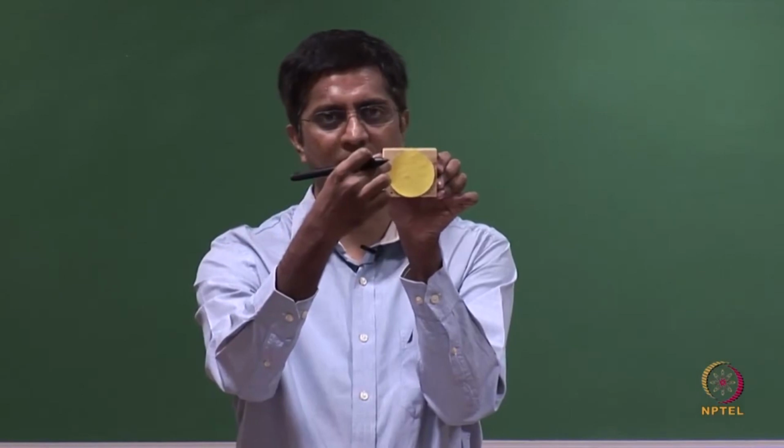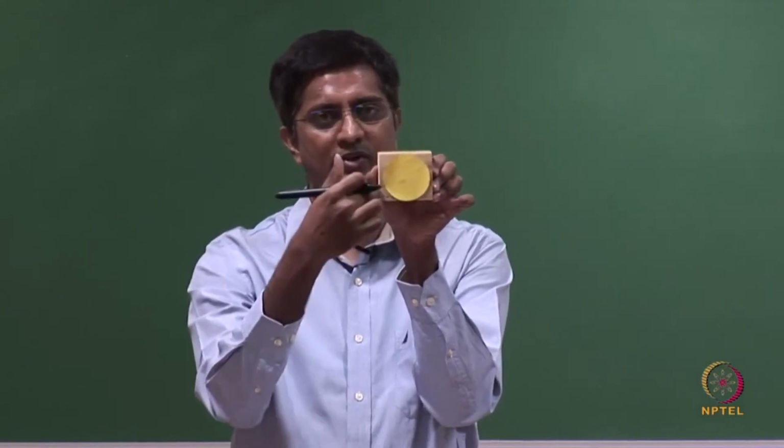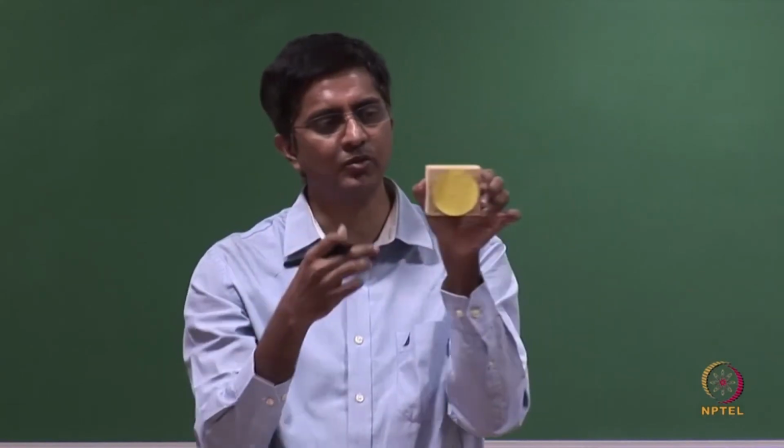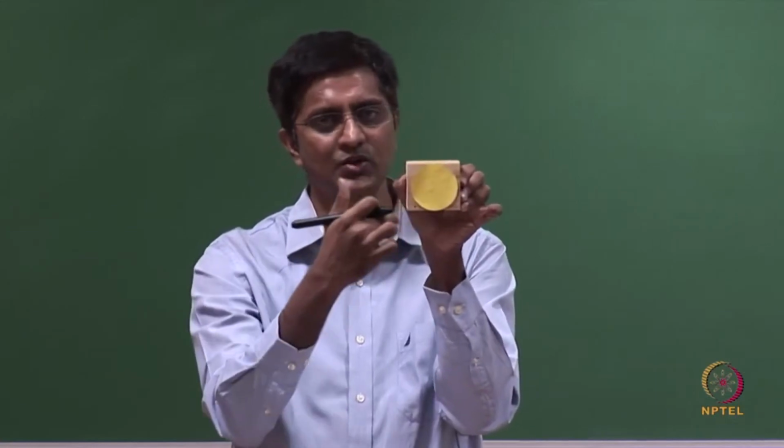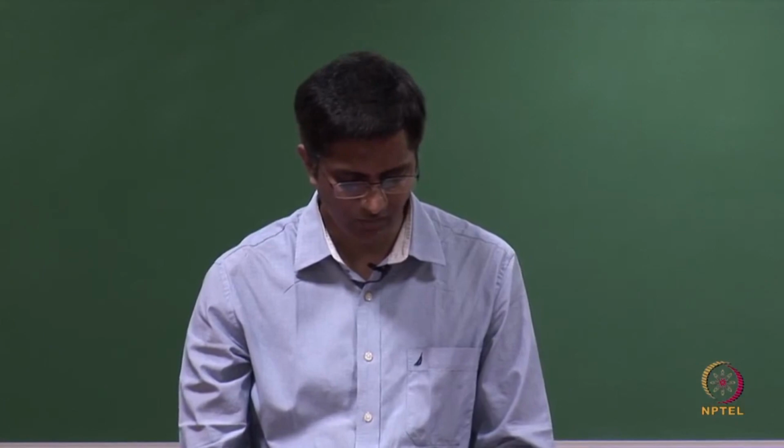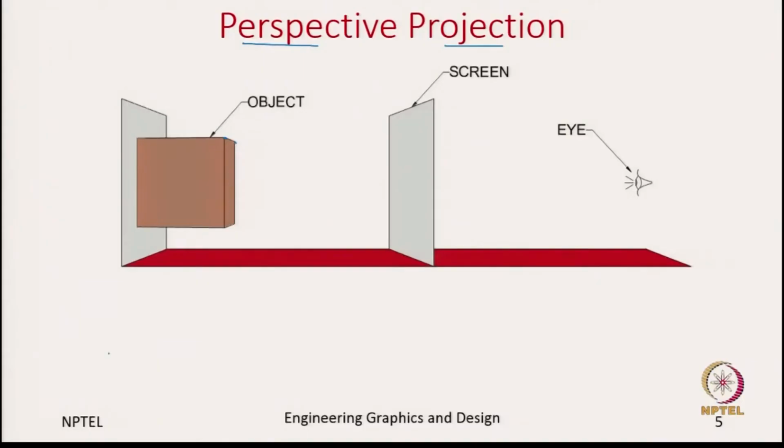So, if you look something like this, what would you see from the front face? Since I say it is a cube, what you will see is a square. So, how do we construct that? We take the 4 corners of the square and then draw the projectors.